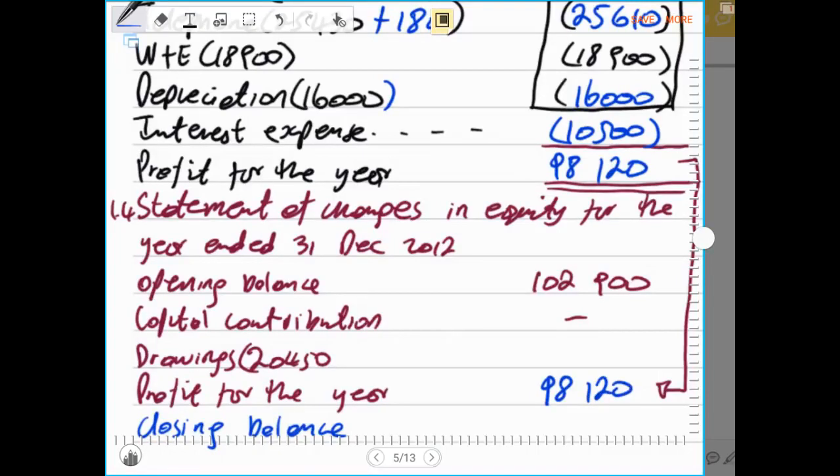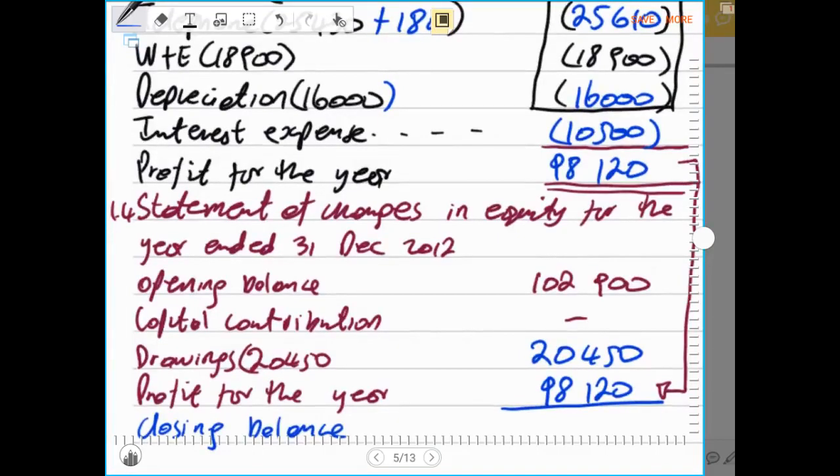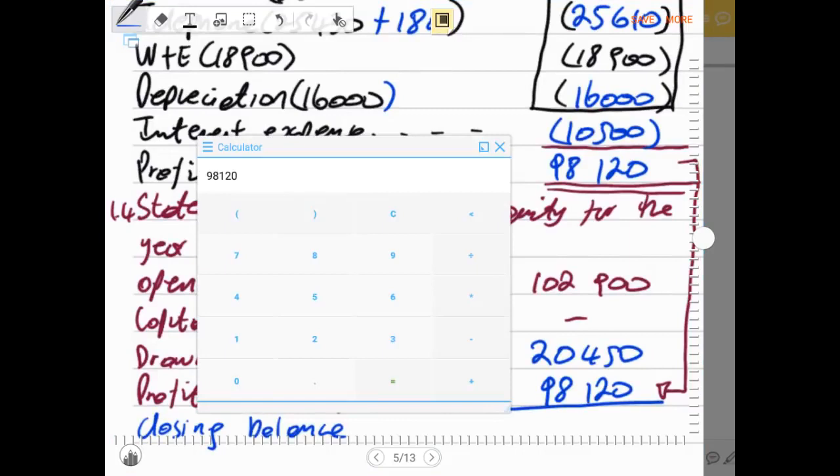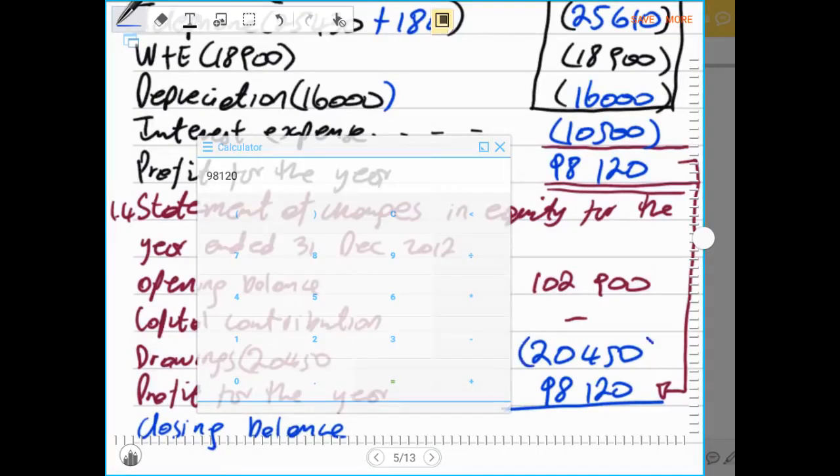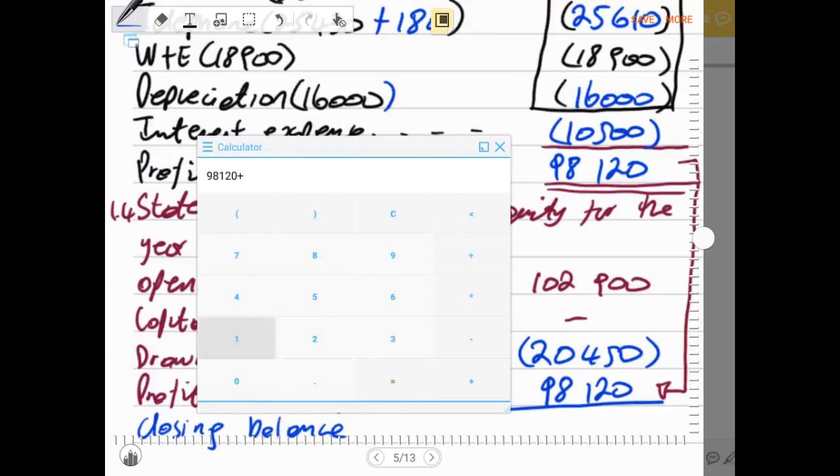Profit for the period will be 98,120 here. And our drawings, there was no adjustment for drawings. We still have 20,450. Then we get to the closing balance. Remember, the drawings will be negative. Opening balance 102,900 plus 98,120, which is the profit, minus 20,450.